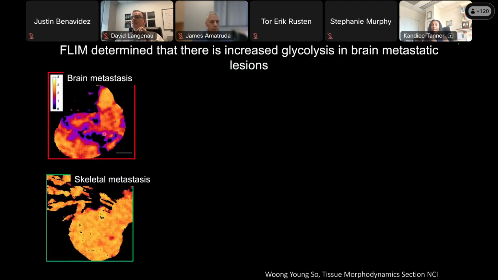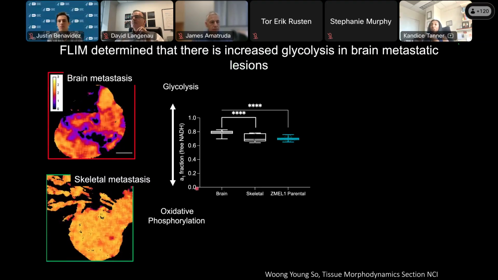This is fluorescence lifetime. And you can see that the brain metastases are fairly more heterogeneous than those of skeletal metastases in this tissue. But then we translate this into relative contributions of glycolysis versus oxidative phosphorylation. And on average, what we observe is that the brain shows more glycolysis than the skeletal metastases.